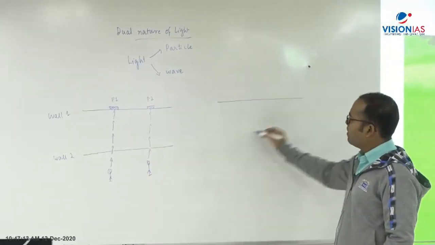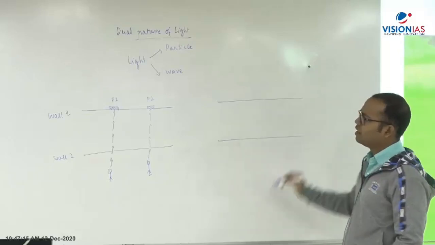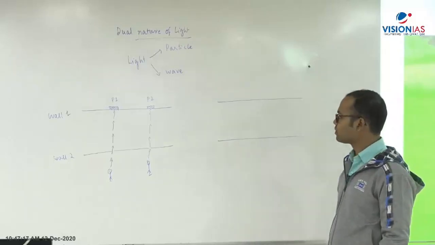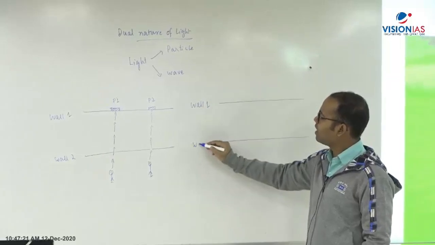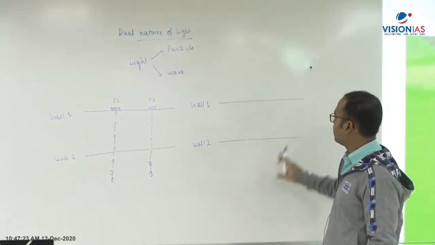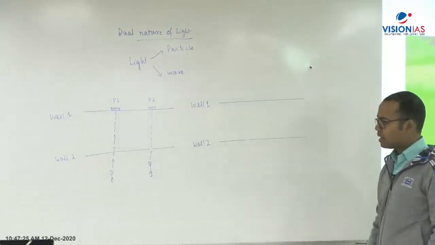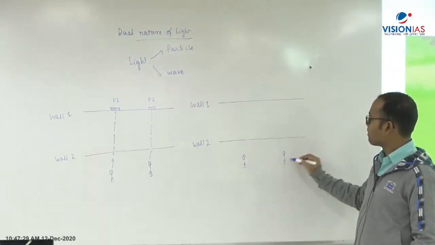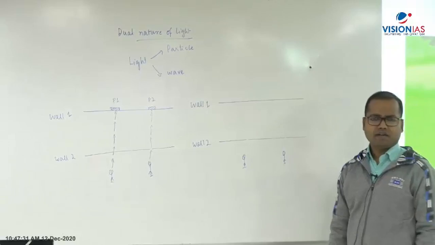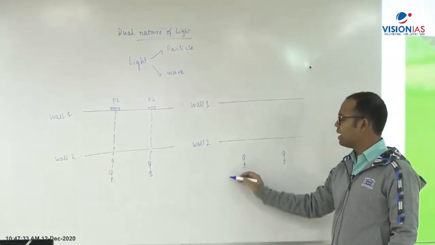Let's repeat the same event, but with different circumstances. Again we have wall 1 and again we have wall 2. Again two narrow passages and again two gunmen waiting. Now what we did, we just provided them a light gun.